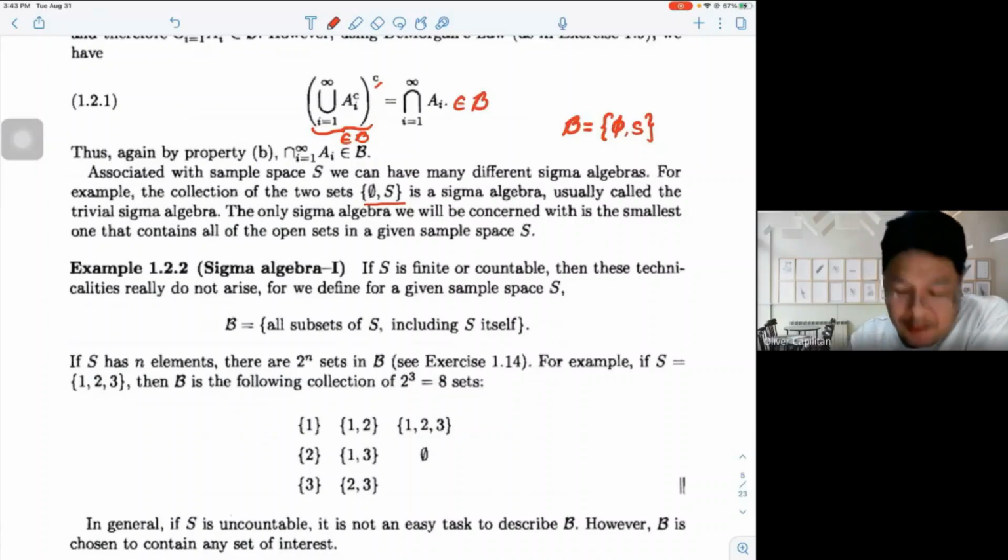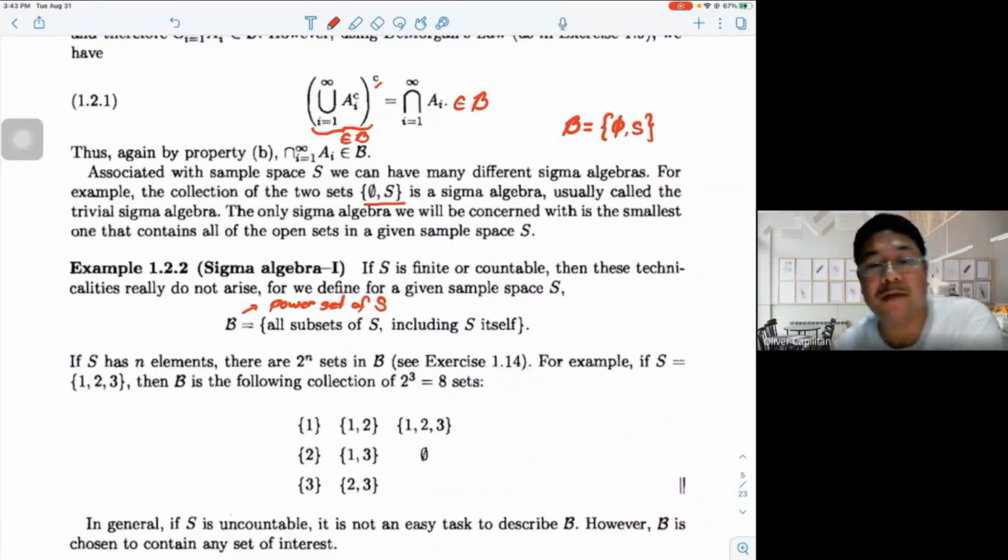Or sometimes this script B is called the power set of S. Okay, the power set of S. It is the set of all subsets of S, including S itself.